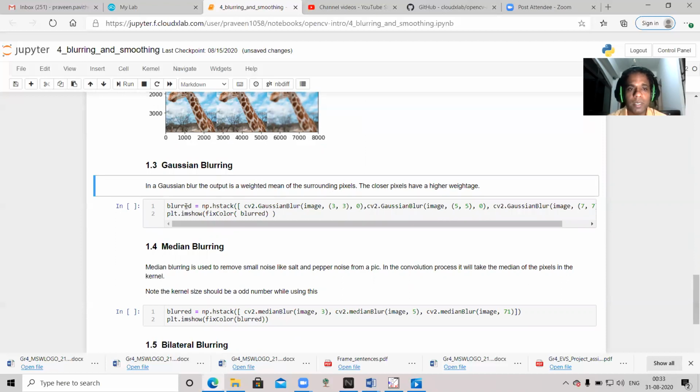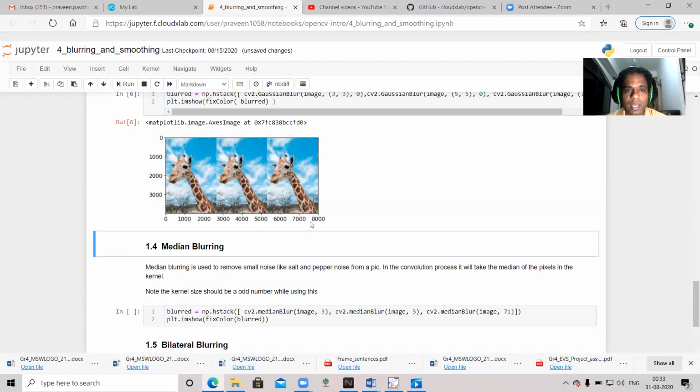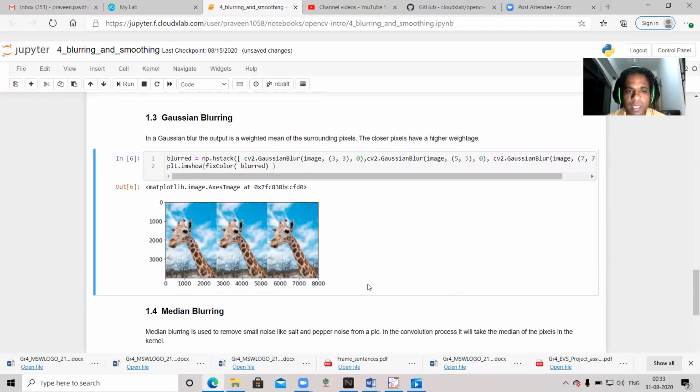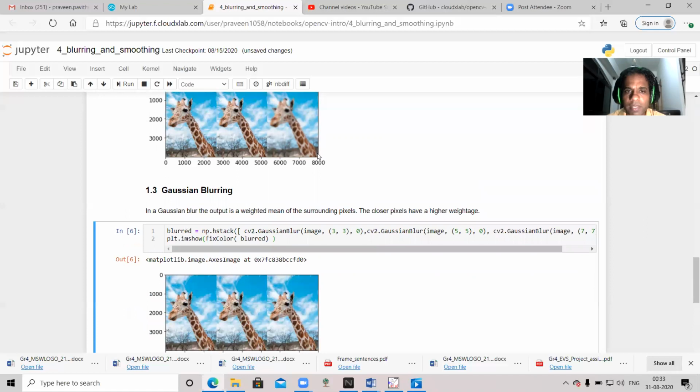Again, we create a new blurred stack where we do blurring at multiple sizes, and so we have a different kind of blurring effect. The difference is much starker when we look at 70 by 70.